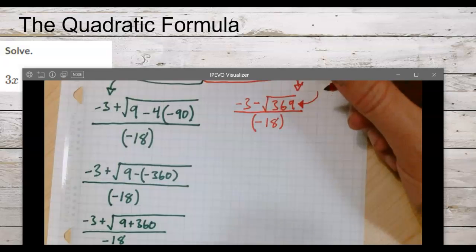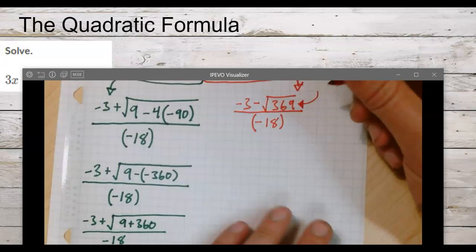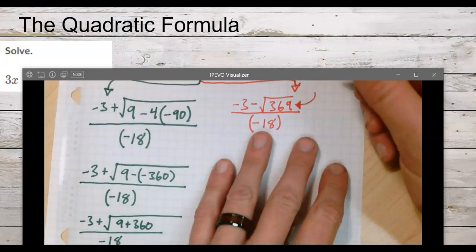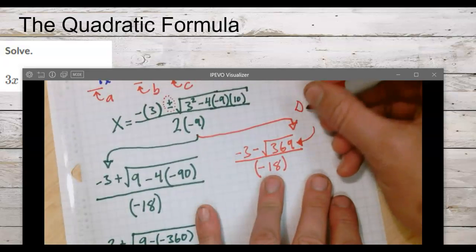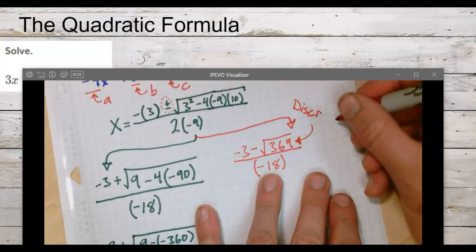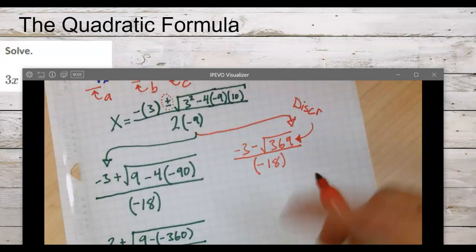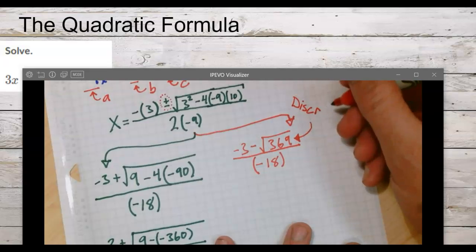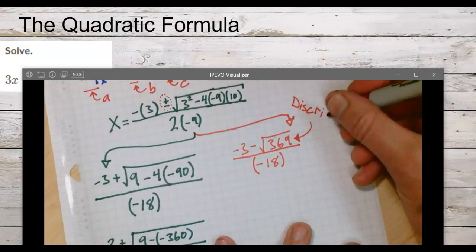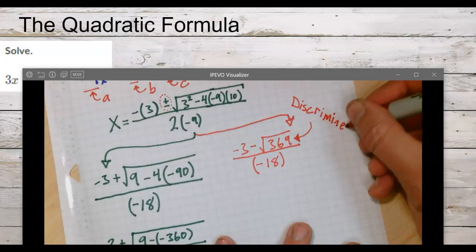D-I-S. C-R-I-M. It is the discriminant. So if we just want to make a let's learn vocab, now I'm going to have to remember how to spell discriminant. D-I-S-C-R-I, discriminant.